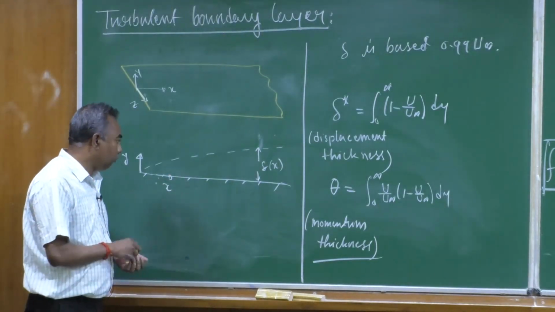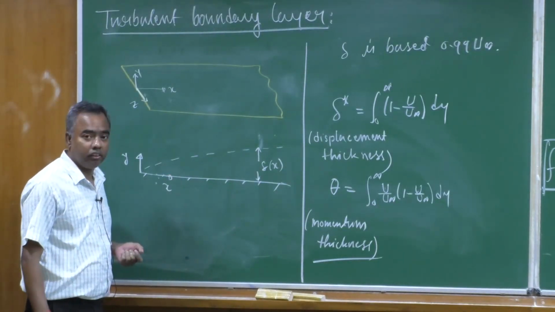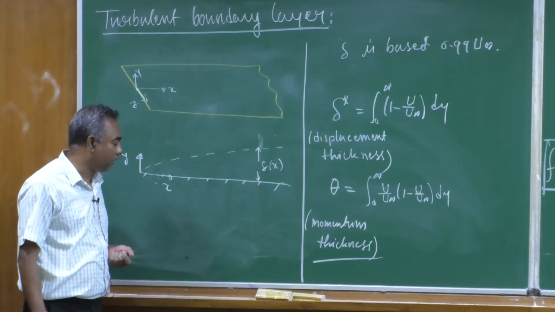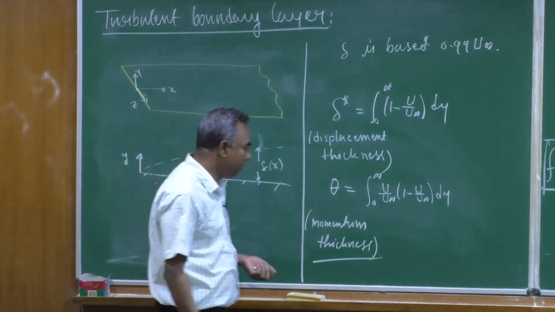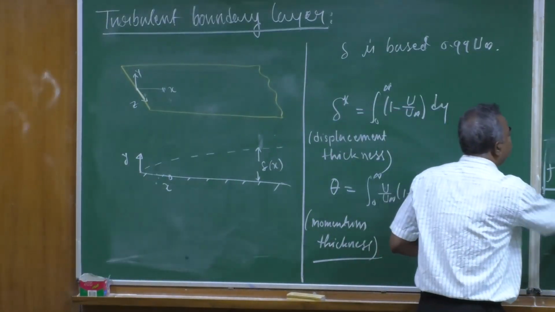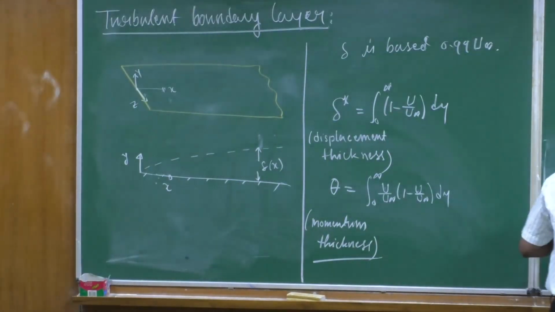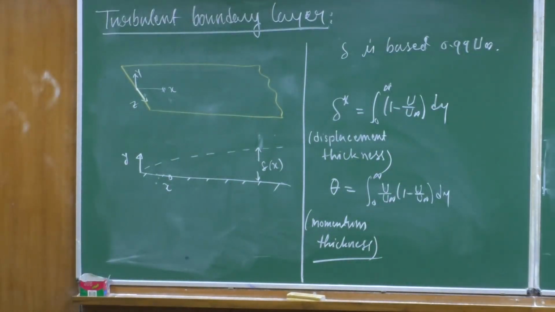Okay. Now, if we consider a two dimensional laminar boundary layer, then the two dimensional laminar boundary layer equation is very simple. Let me just quickly write it for our better understanding of turbulent boundary layer flows.